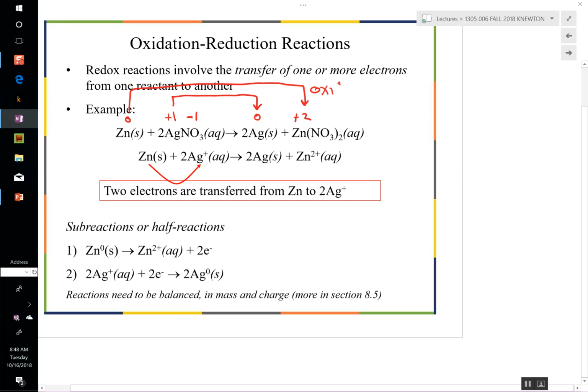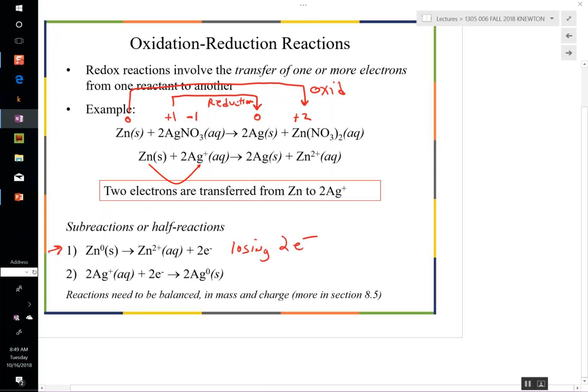This is oxidation, and this is reduction. When the charge goes down, think of it as reduction. It's going down in charge, that's reduction. And what is actually going on? The zinc metal is being converted into zinc +2, and it's losing 2 electrons.